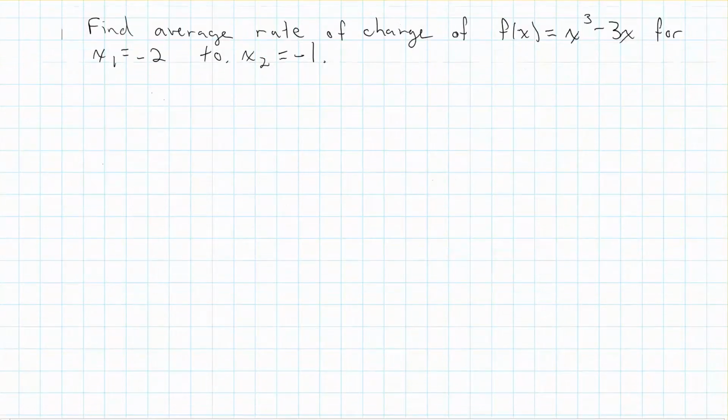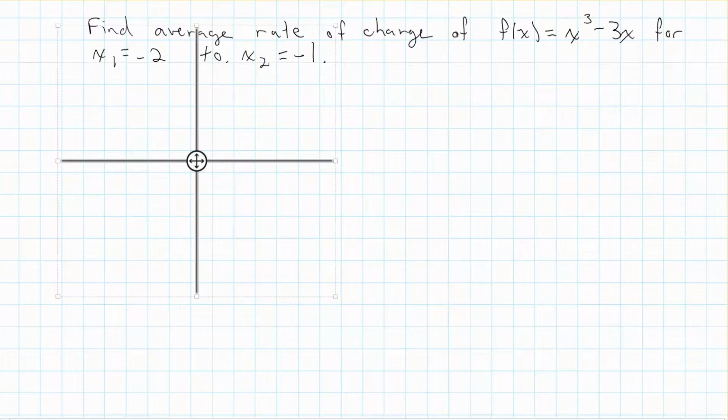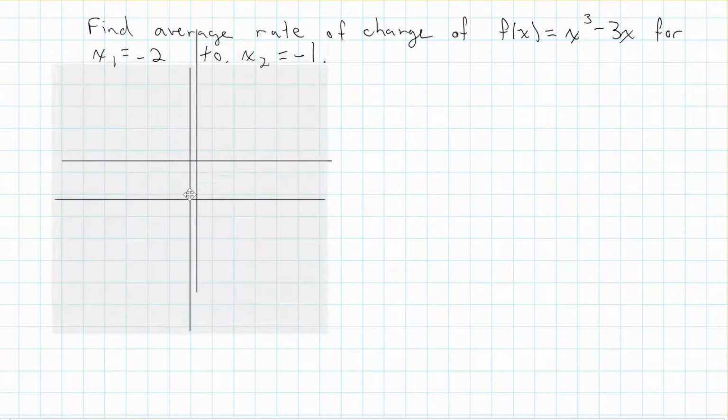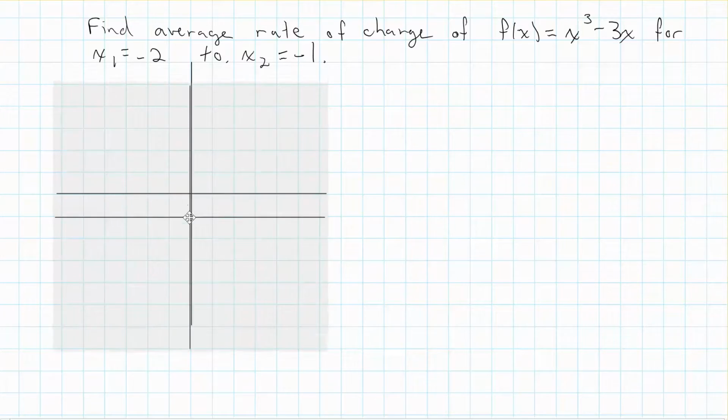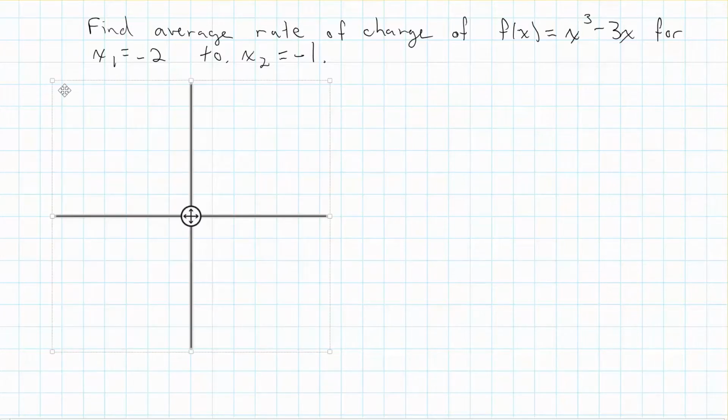Okay, so I am going to go ahead and sketch this graph here. So bring up a graph. Now this is going to be a relatively rough sketch, but it will give us a good idea here. So at 0, it's equal to 0, but I'm going to make this a little spaced out. So this is going to be -1, and this is -2. And then one of the x-intercepts is at the negative square root of 3, which is about right here. And then 1, 2, and then there's another one over about right here.